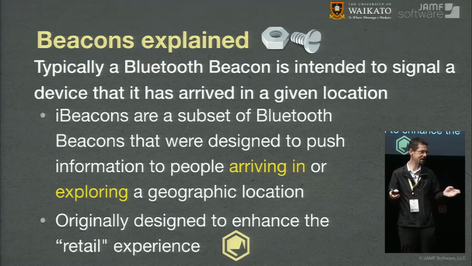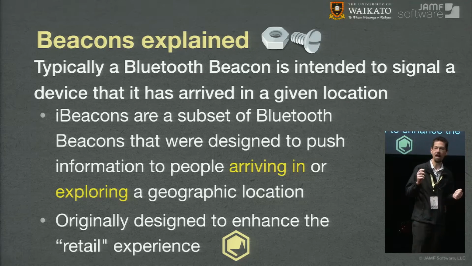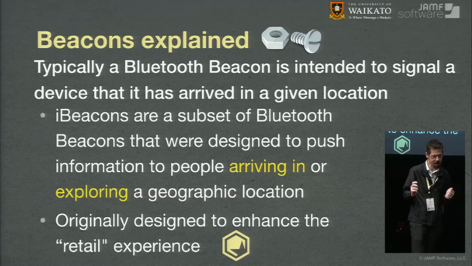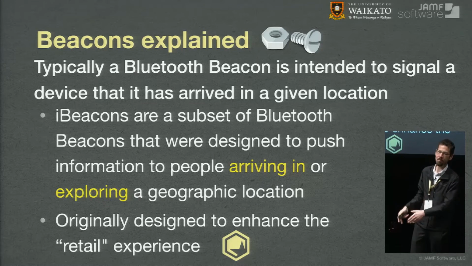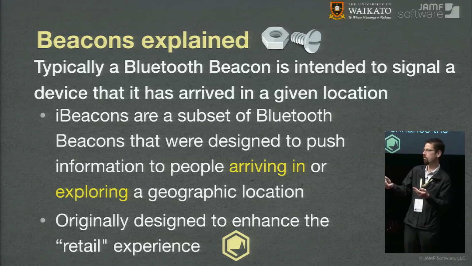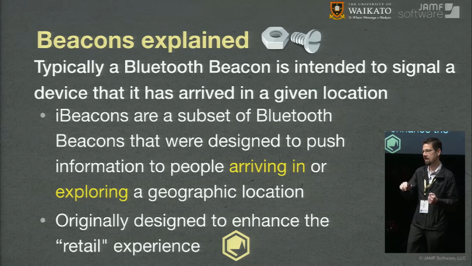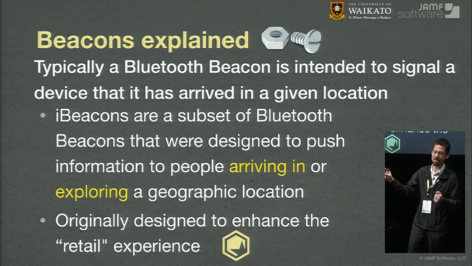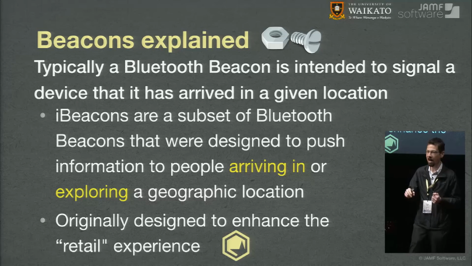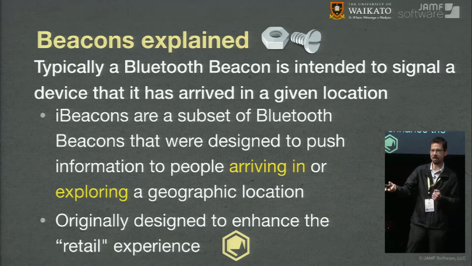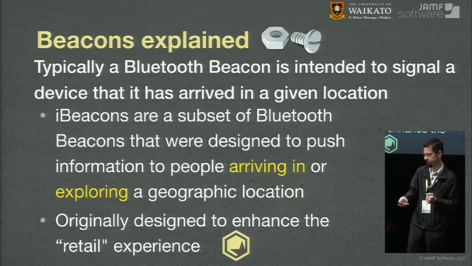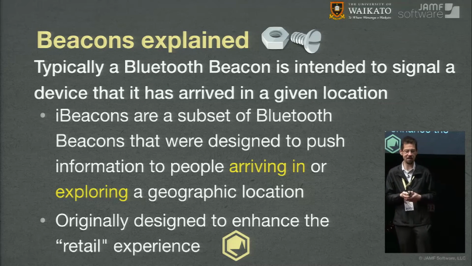This was Apple's great idea. You would walk into a shop, and you would walk up to a rack of clothes, and because you had that shop's app on your device, it would bling and say, oh, you're in front of the hosiery selection, and here's what's currently in style, and here's what's currently on special, and give this code to someone at the front desk, and you get 5% off, and advertising like that.